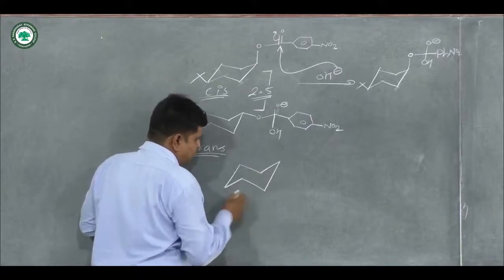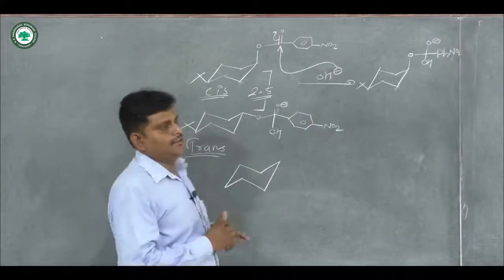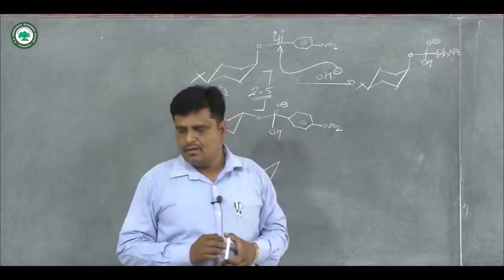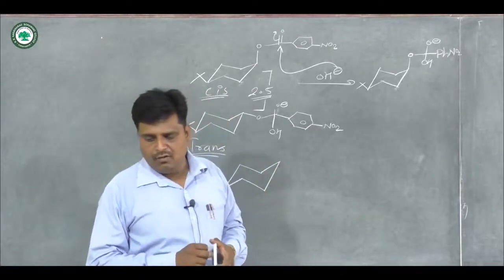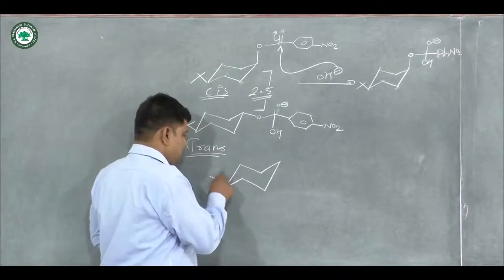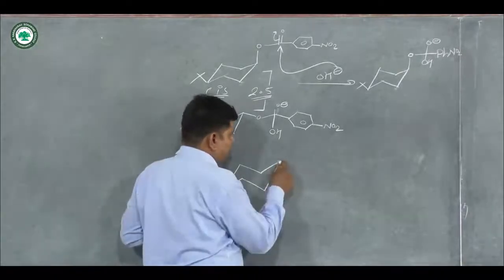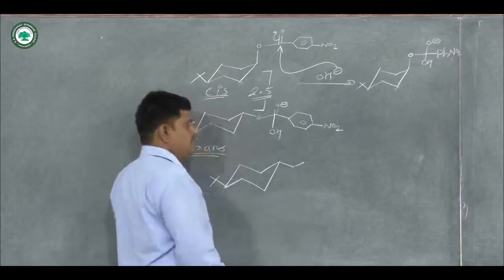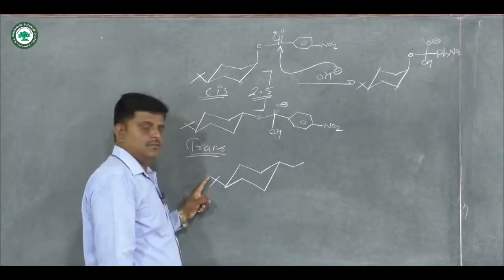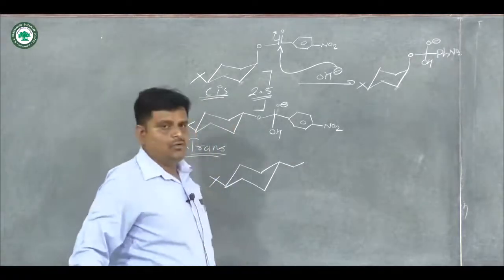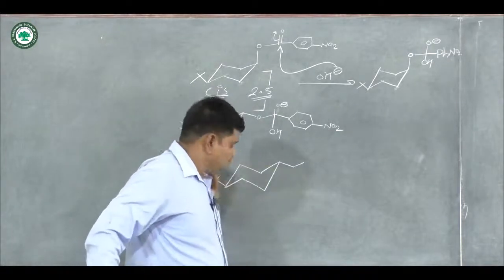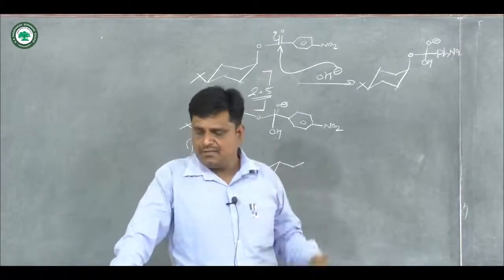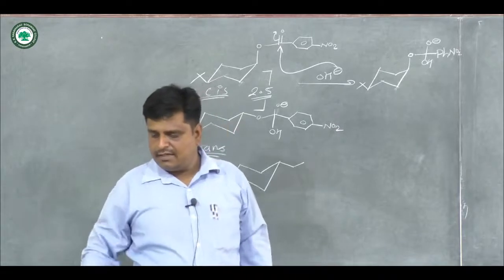Suppose this is the ethyl group and this is cyclohexane with an equatorial tertiary butyl substituent.